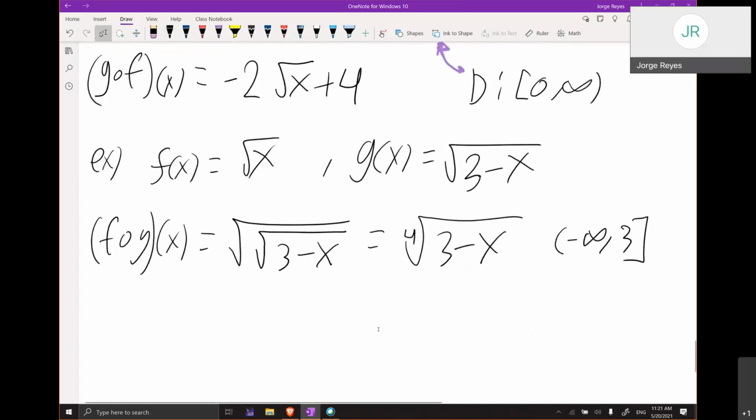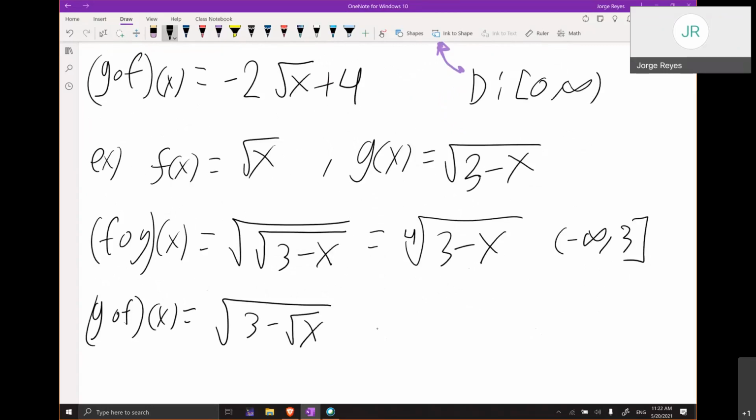Now the other direction though, g of f of x is equal to 3 minus square root x. That's a little bit more complicated because automatically x has to be greater than or equal to 0.